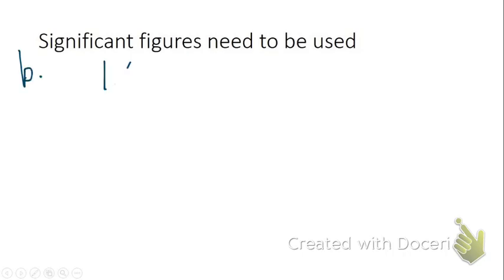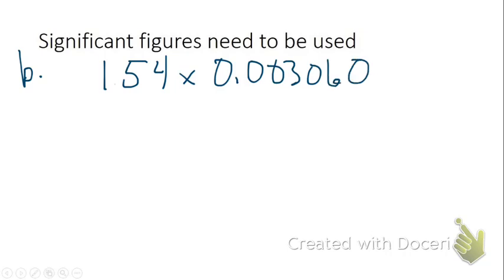So we have 1.54 times 0.003060 times 0.69. So we should know how many significant figures this first number has, 1.54. It has 3 because of all 3 non-zero numbers.